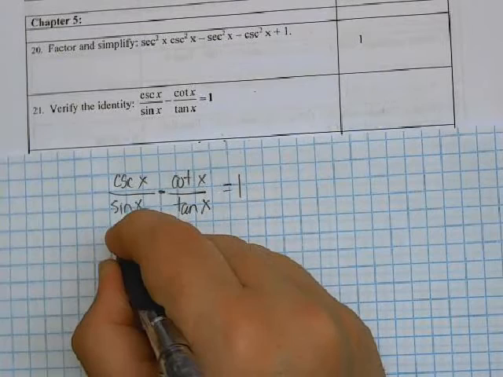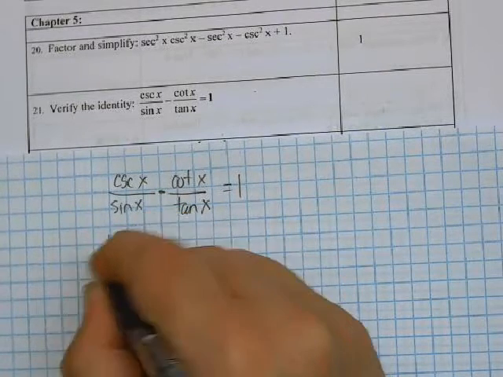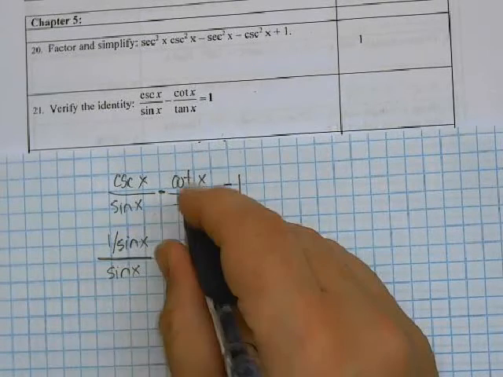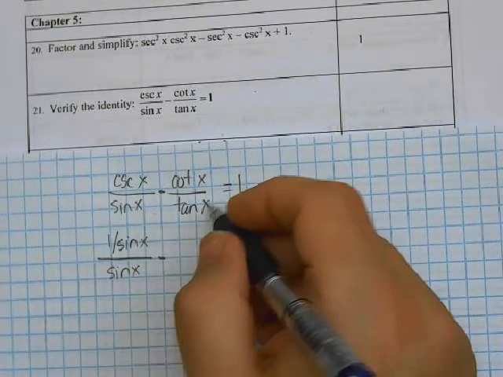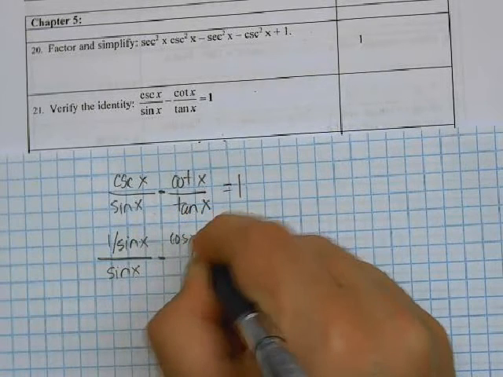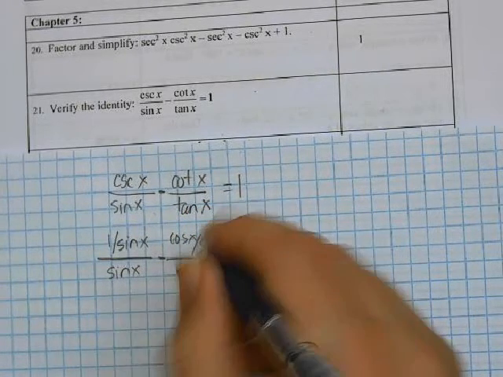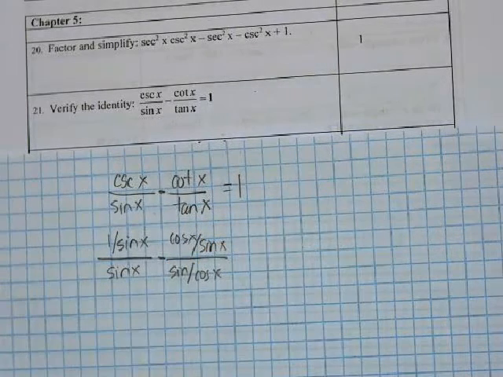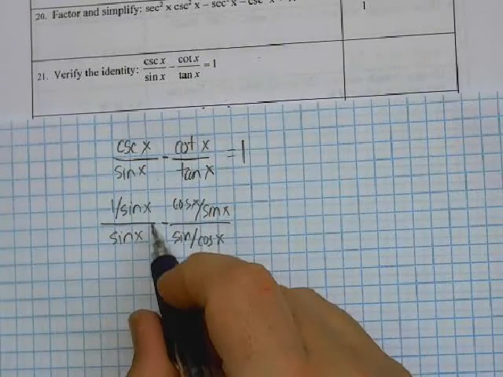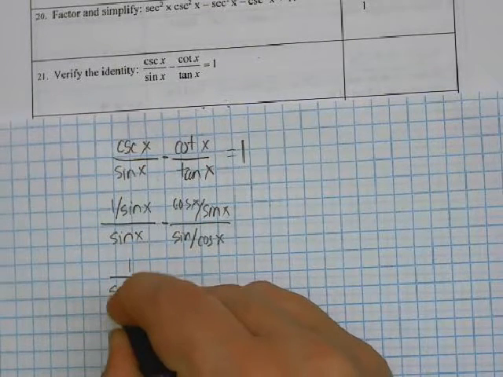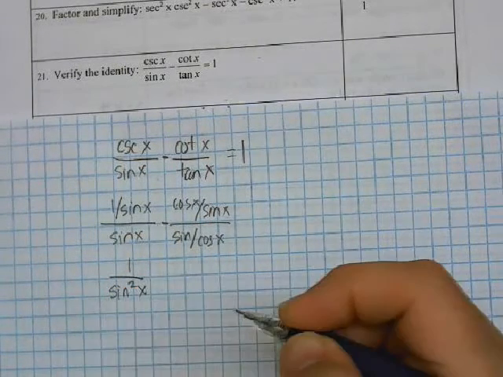So I know cosecant is 1 over sine. I know cotangent, well, now we'll go ahead and do it. So cosine over sine, and that's sine over cosine. So when I simplify these, this is 1 over sine squared.